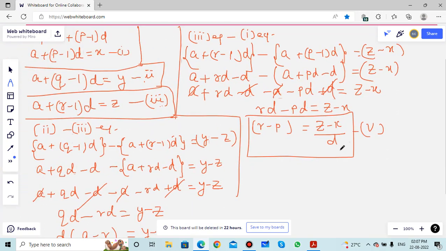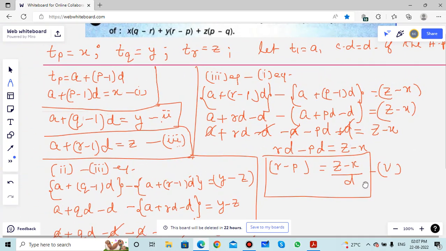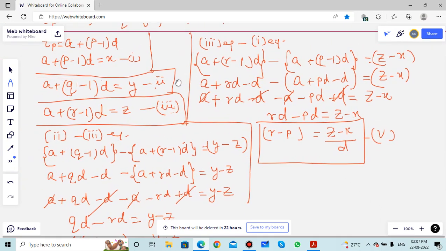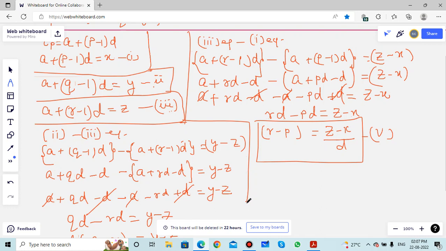So how to do the p minus q here? See, p is here and q is here. So first minus second. So I'll do the first equation minus second equation here. First equation minus second equation. So what do we get?